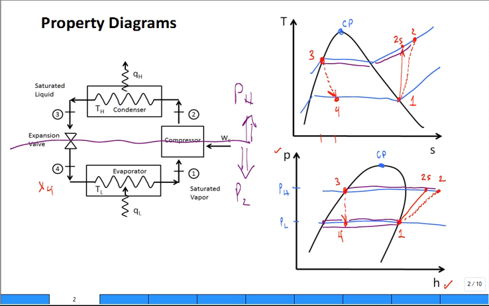So if state 4 was way over here, what would the quality be? Very high, maybe 95, 97%. So sitting right here, you look at it and you say, it's about 25%. How's that? 25% look good? Looks good. So that tells you the quality there.